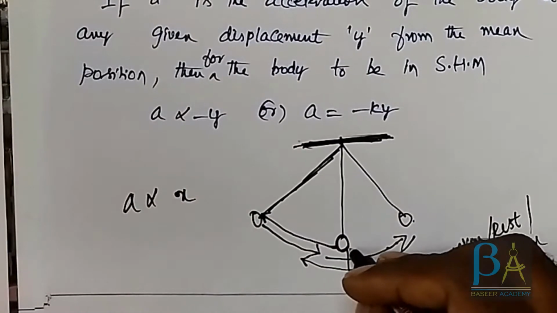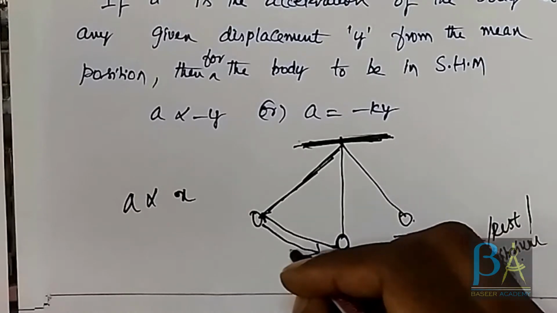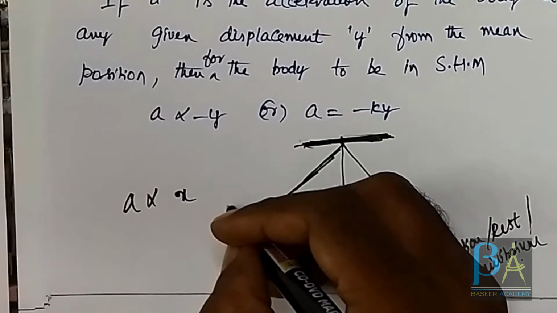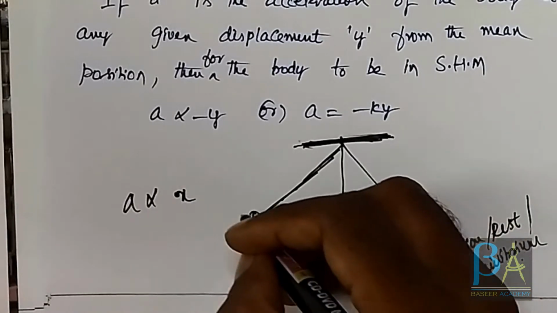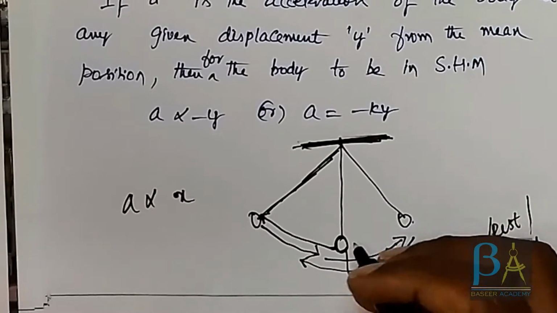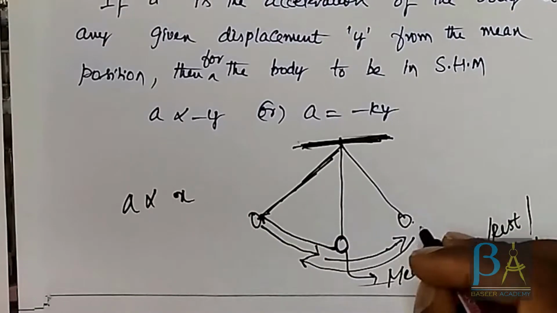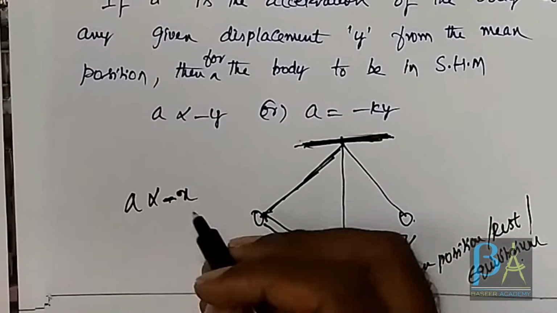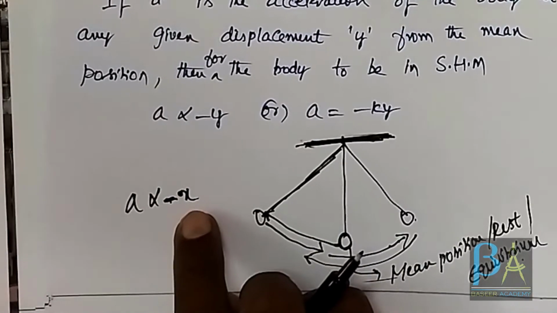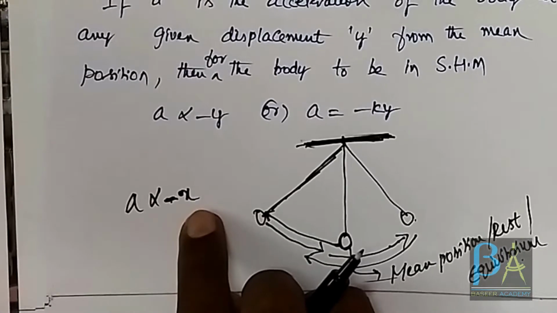Now you are displacing the swing in this direction, but when you leave the swing, it moves in the forward direction. You are moving it in the backward direction, but when you leave it, it moves in the forward direction. So the direction is obviously opposite, and we can write a negative sign here.